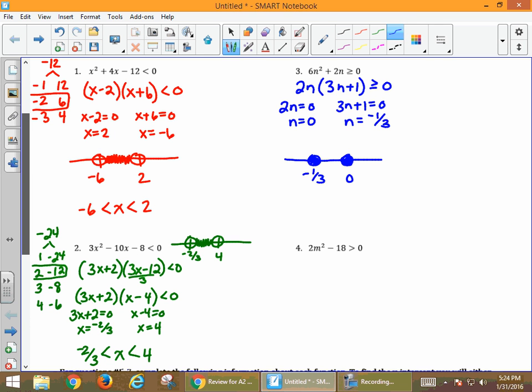I'm going to pick the point 1. If I were to plug 1 into the function, 6 times 1 plus 2 times 1 is 8. 8 is greater than or equal to 0. So since 1 is located over here, I will make my arrow go to the outside. It will be the same on both sides of the graph.